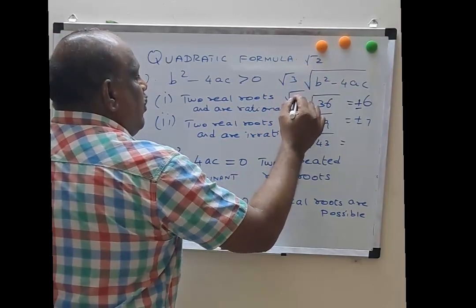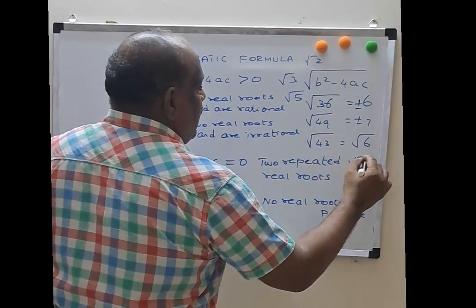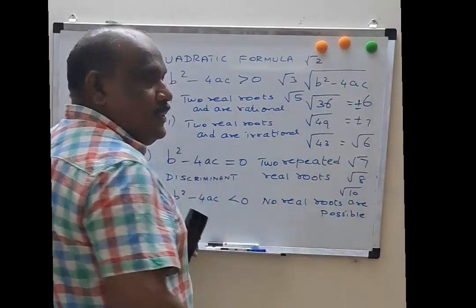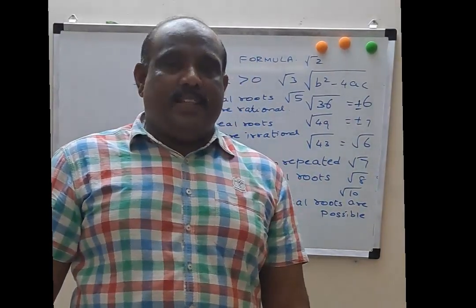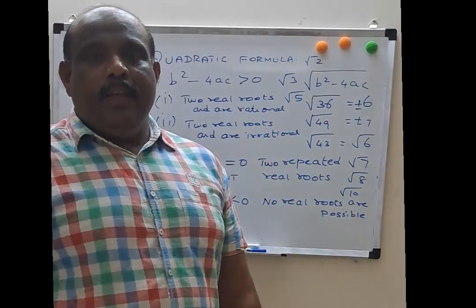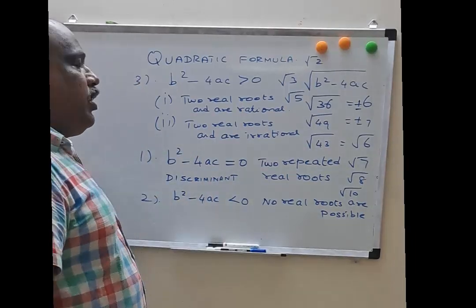Square root of 5, 6, 7, 8, 10 are irrational numbers. Whereas square root of 4 is not irrational, because it is a perfect square and becomes 2. Square root of 9 will be 3. I hope you got the logic.